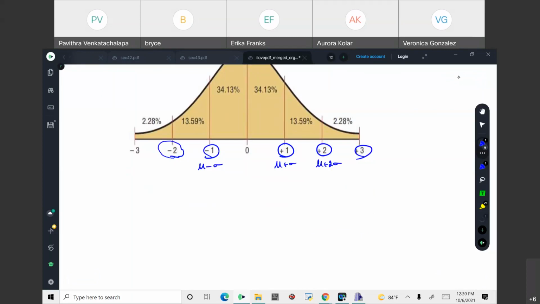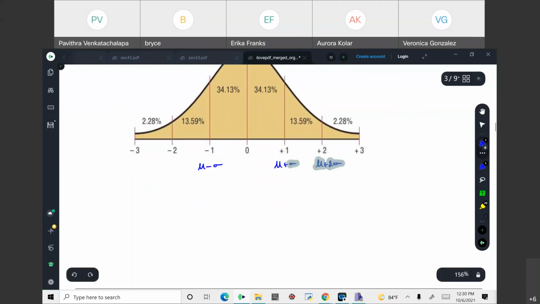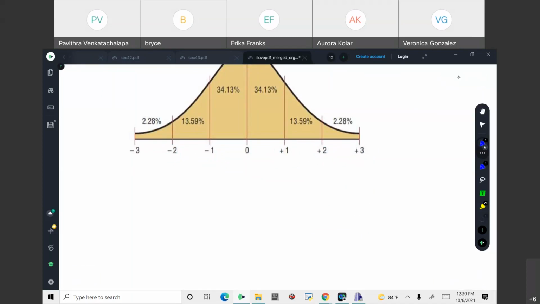You will have the actual numbers. That's the only difference between normal distribution and standard normal distribution. So in standard normal distribution, the mean always has to be 0 and the standard deviation has to be 1. This is one of your homework questions. Remember that.